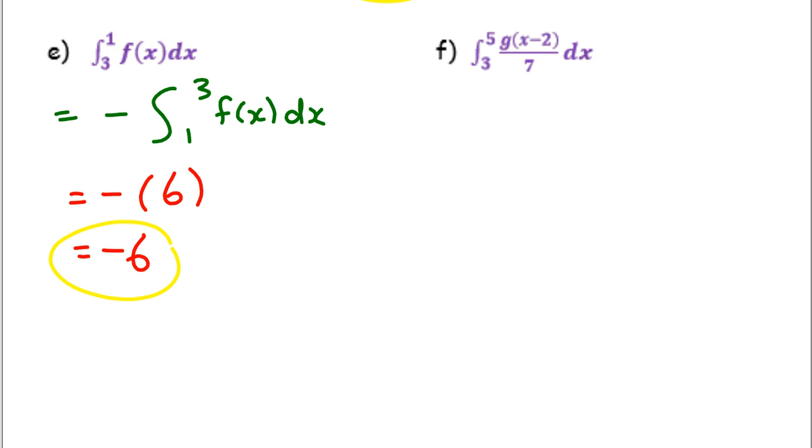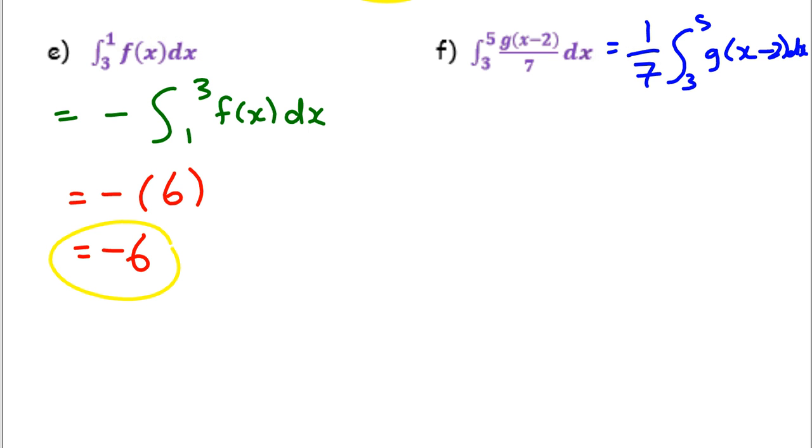Divide by 7, which can be expressed as 1/7. So our factor is 1/7. Then write all the other stuff. 5, 3. Then it's just g x minus 2 dx.